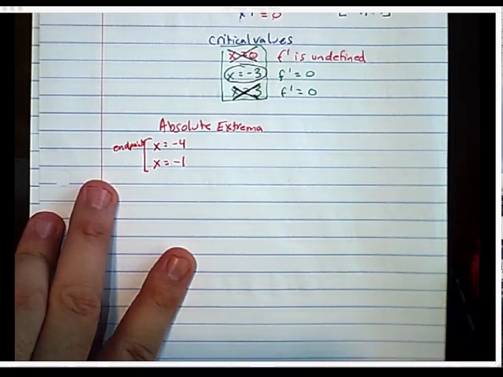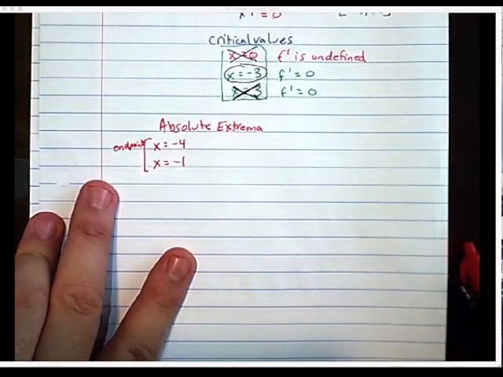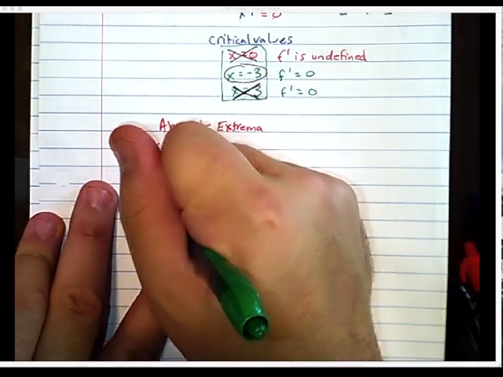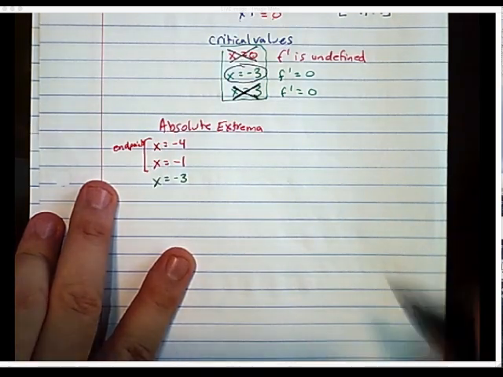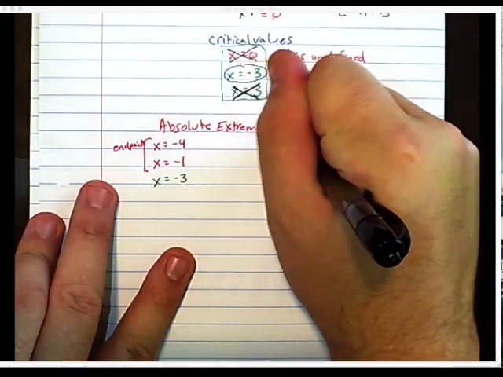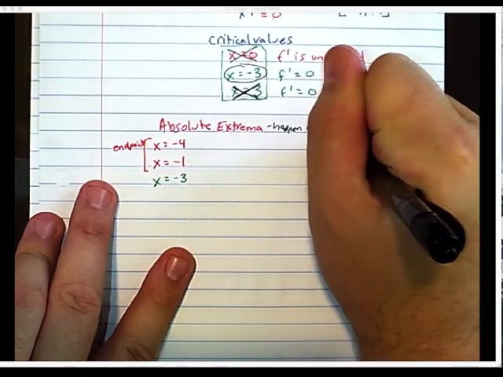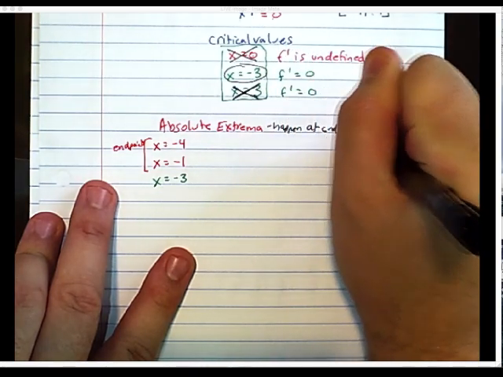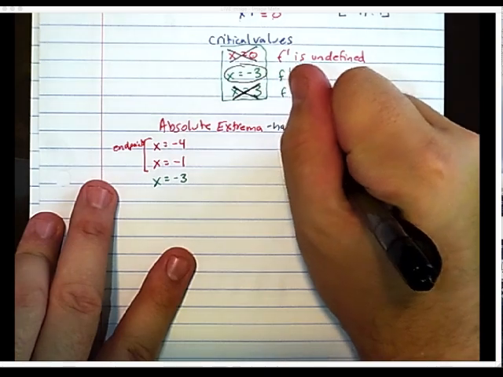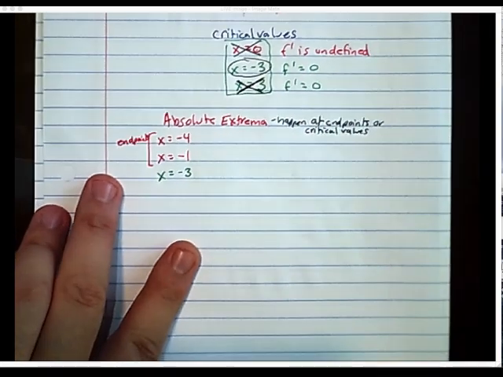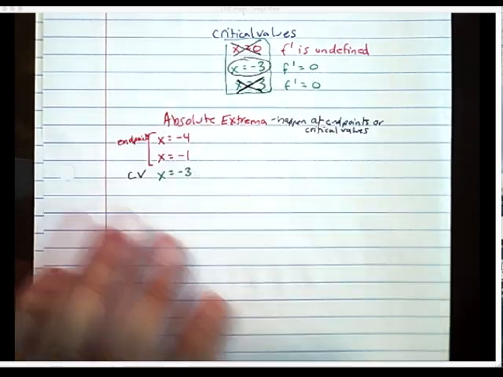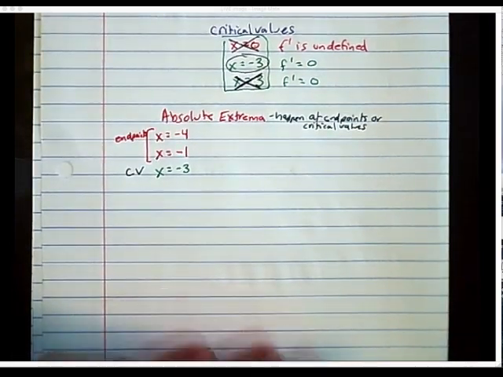And we also have to think about this other critical value, because absolute extrema happen at endpoints or critical values. So negative 3 is the only critical value.